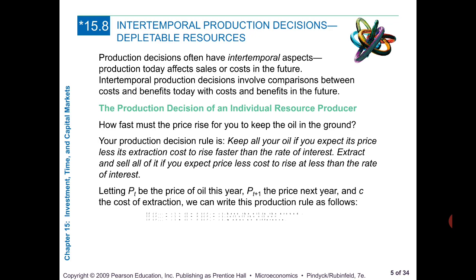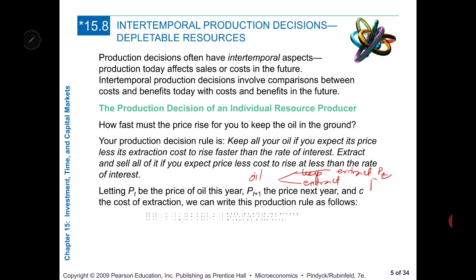All right. The second last section is how do you decide on depletable resources? Let's say PT is the price of oil this year, PT plus 1 is the price next year. You have oil. So do you keep it, or do you extract this year or extract next year? If you extract this year, you get the revenue based on PT, the year itself.